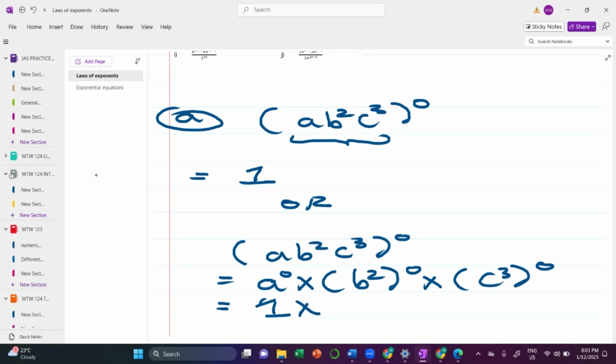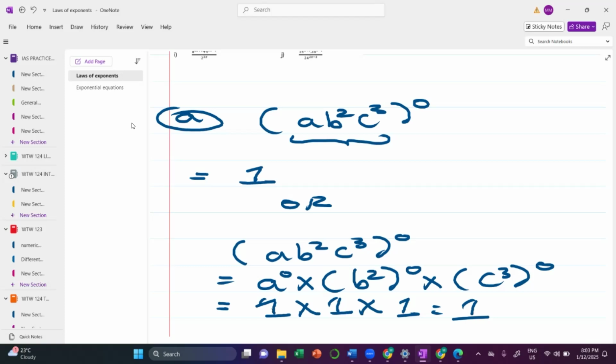It's just a variable, so it's also going to be equal to 1. C cubed is also still a variable. We are taking it to the exponent of 0, so it's equal to 1. So we are going to have 1 times 1 times 1. This is simply equal to 1. You see, guys?